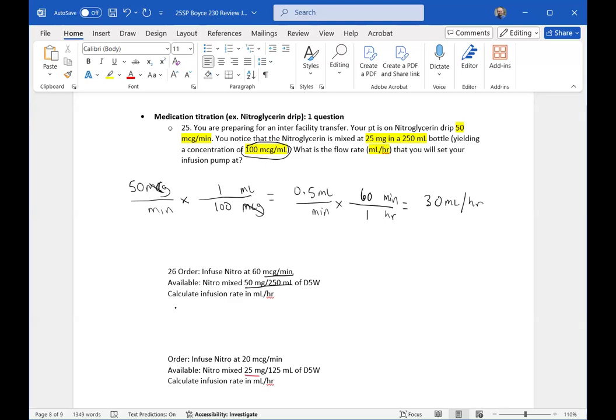So for this question, I know that there's 1,000 micrograms in a milligram. And I also know that I need to convert minutes to hours. So I'm actually going to do that step first, because it's going to make a nice big number for the micrograms, and I'm dealing with a bigger decimal number as opposed to a very small decimal number.